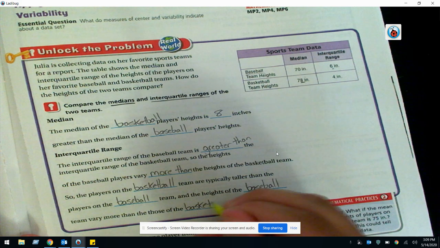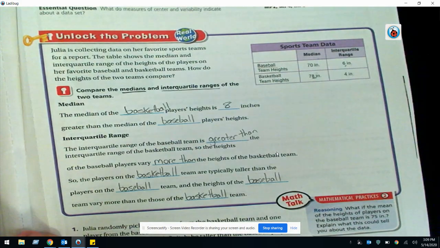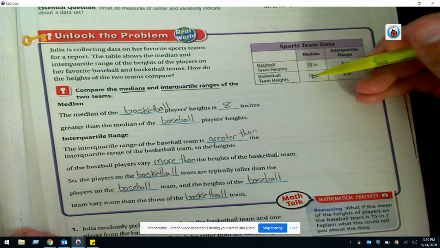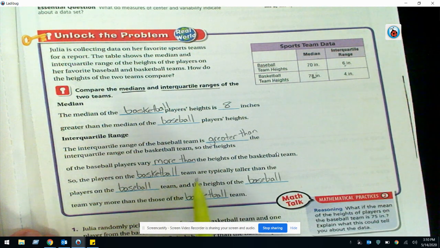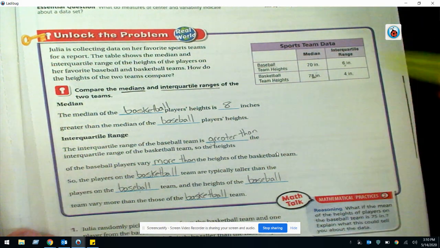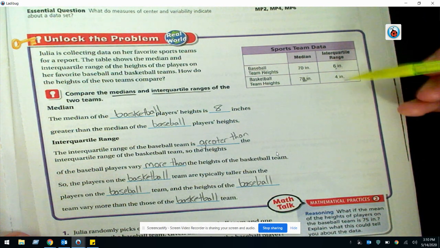Now let me just rephrase this and try to show you a little bit more. Understanding that the basketball team has a higher median by 8 inches, the players on the basketball team are typically taller than the players on the baseball team because their median's already higher by 8 inches, 78 versus 70. But the interquartile range means the variability in the data.